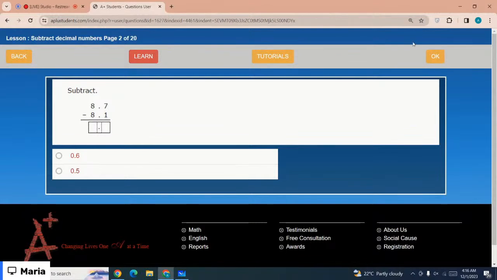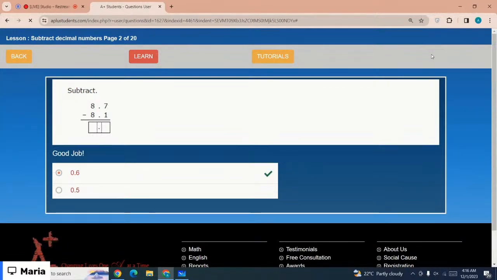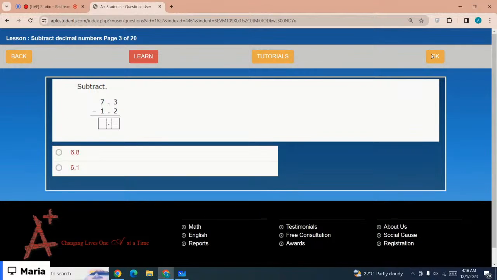Yes, the correct option is 0.6. 7 minus 1 is 6 and 8 minus 8 is 0. So that is 0.6. Okay, the next one is 7.3 minus 1.2, which is the correct option?